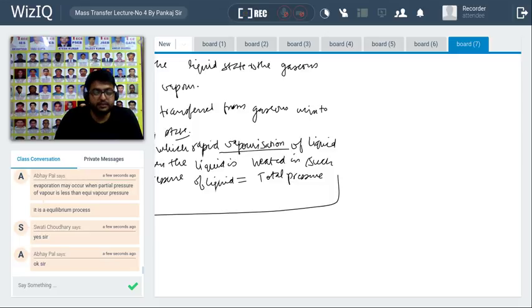So if there is a driving force, that means the equilibrium has not been attained. That is the main concept for mass transfer. Everything tends to go to equilibrium.